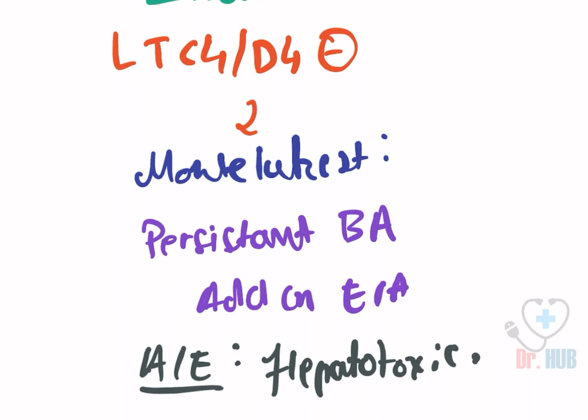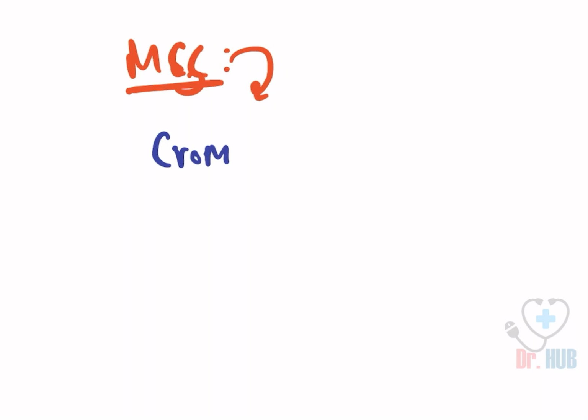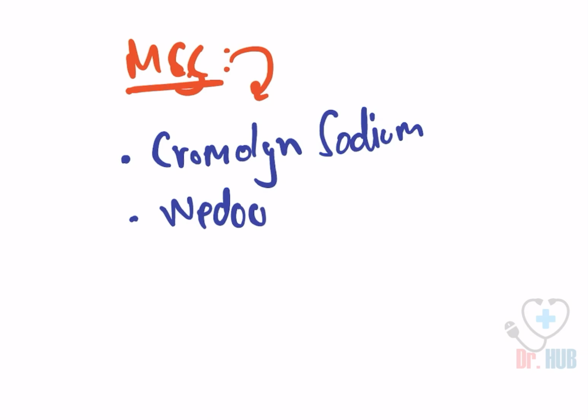Next, we move on to the MCS, that is mast cell stabilizers. So it includes the cromolyn sodium as well as the nedocromil.